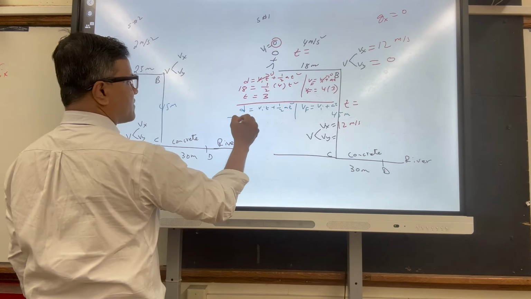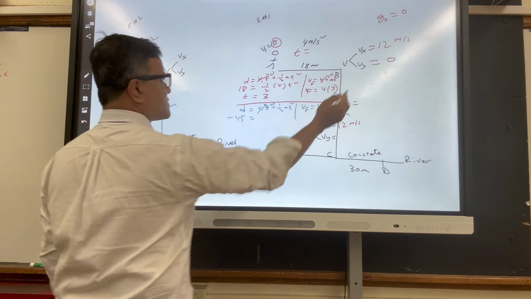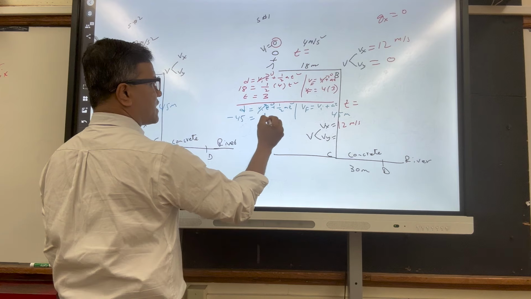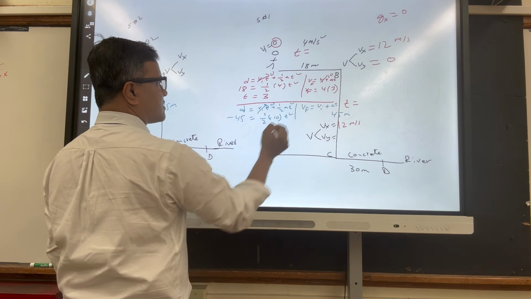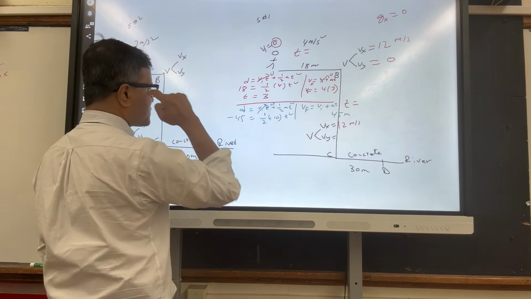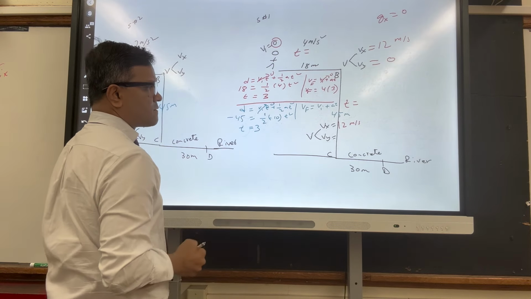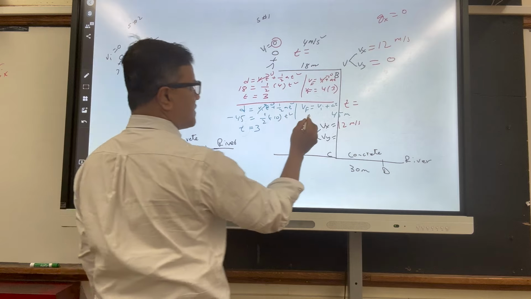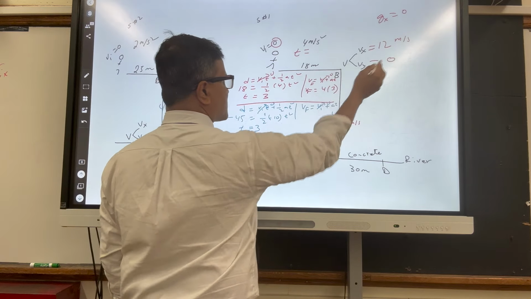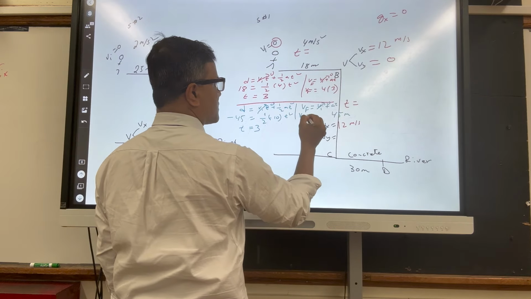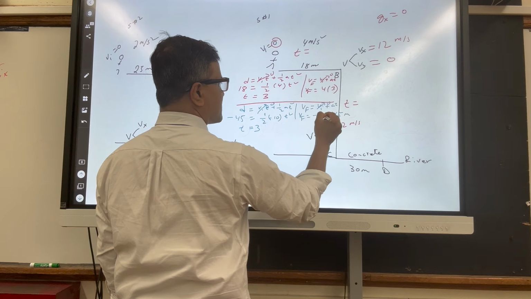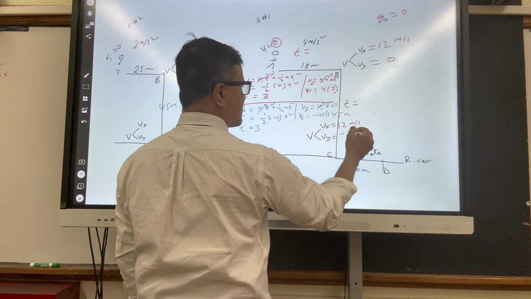So negative 45 is equal to, this is still 0 because this one is 0, half negative 10 t squared. So 5 goes into 45 9 times, so t is equal to 3, right? Good. Now Vf is equal to negative 10 times 3, so this is negative 30.